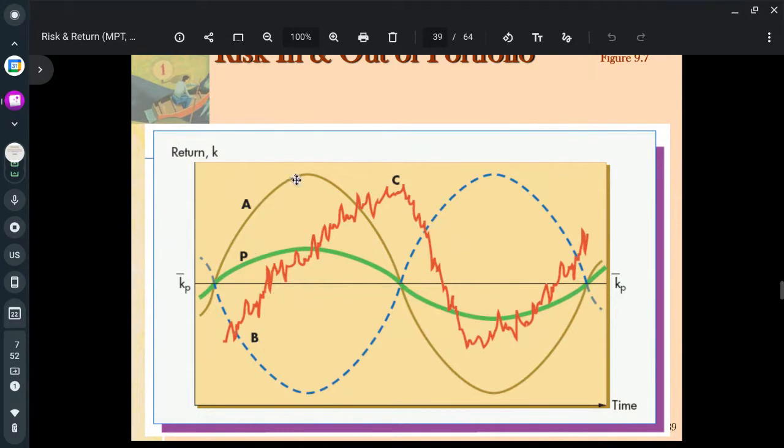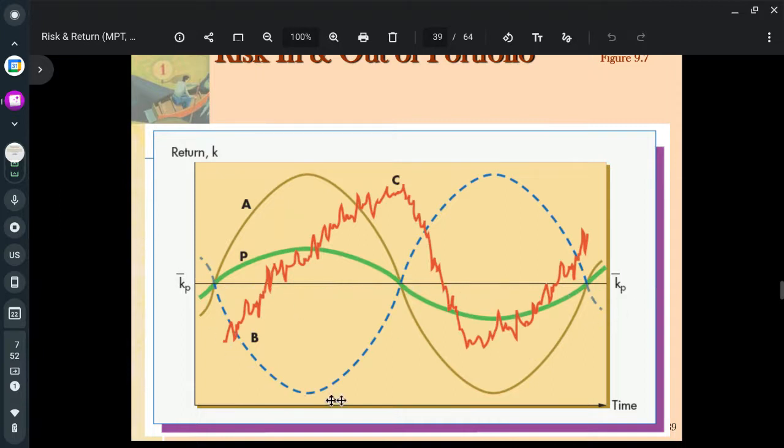If stock A and stock B are perfectly negatively correlated, they cancel out each other. When stock A has very good return, we have exactly opposite return from stock B. So they cancel out, and you will always have the expected return.